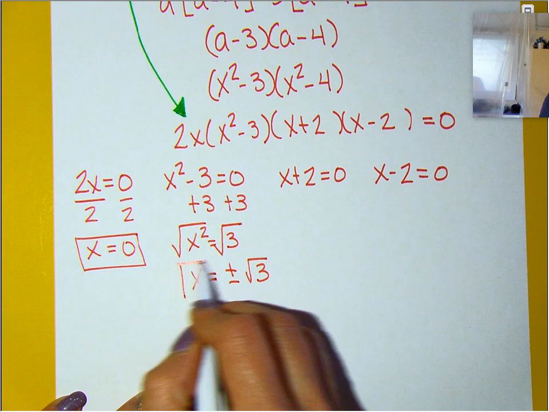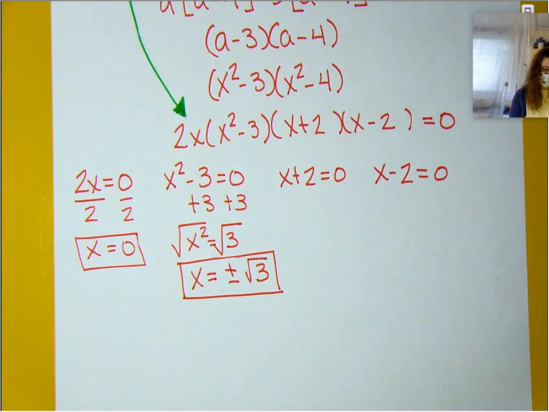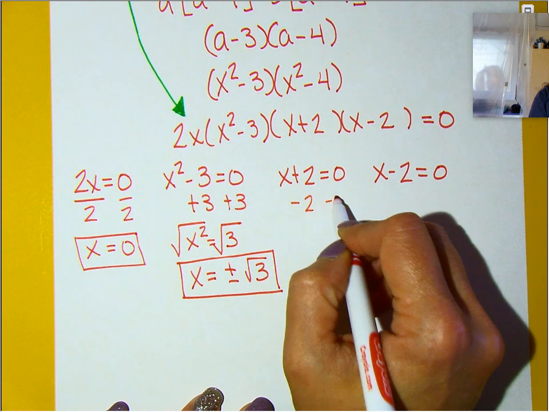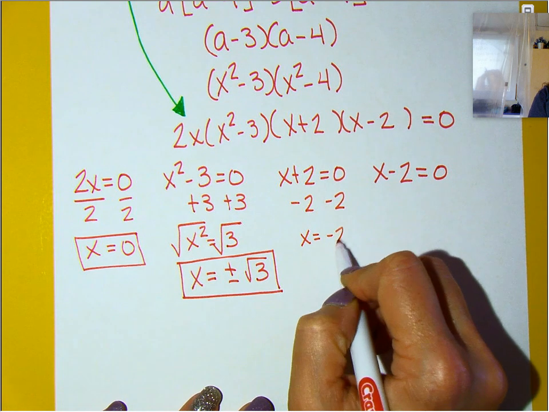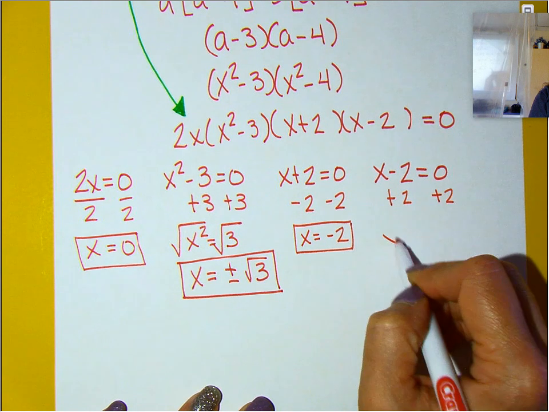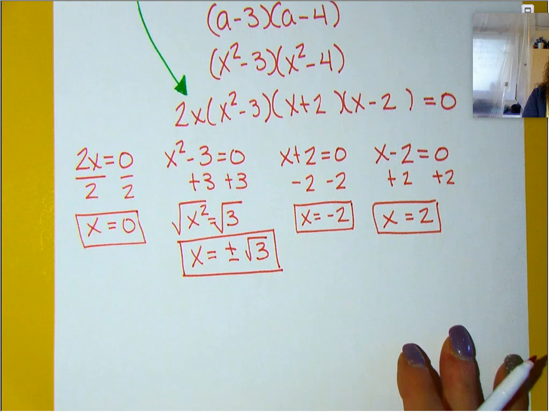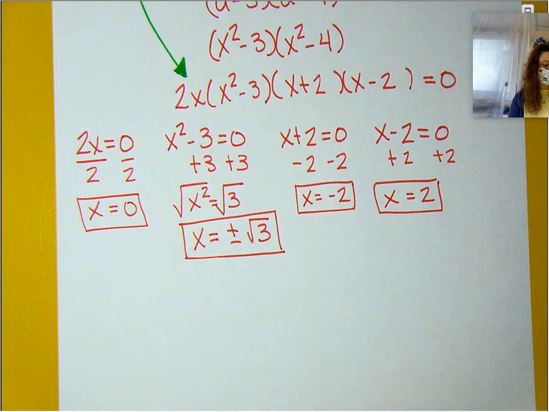This is actually two answers, positive and negative square root of 3. And then here I'm going to subtract 2, so x is equal to, perfect. And plus 2 right here, x is equal to 2.